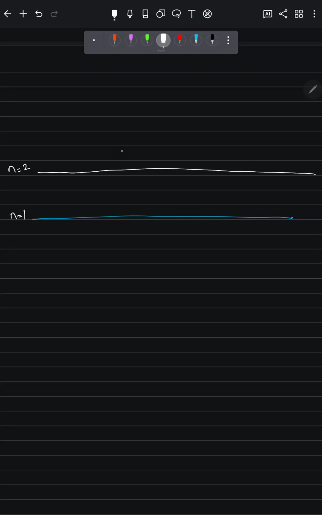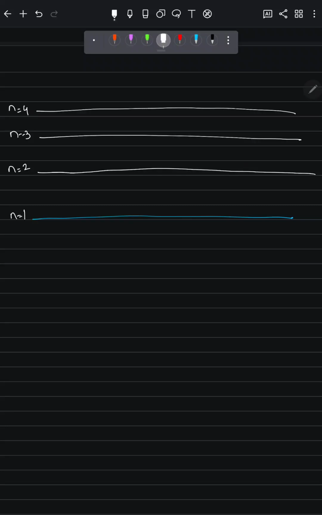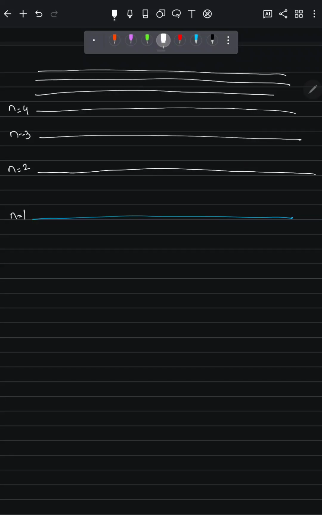Now let's discuss the energy levels. Just like here, ground state energy level n equal to 1. If we go from here to here, n equal to 2, n equal to 3, n equal to 4, and 5 and 6 and 7.